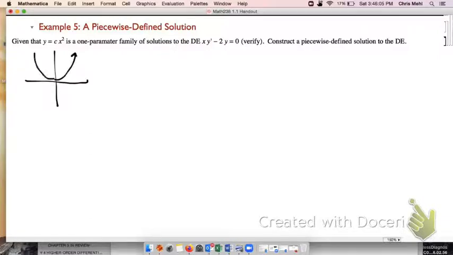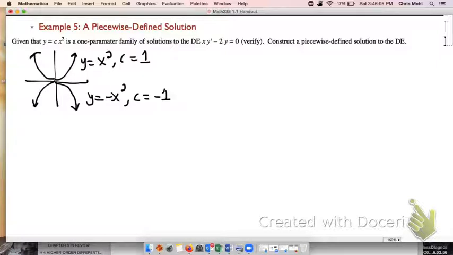You have y equals x squared when I chose c to equal 1, and then y equals negative x squared, when c equals -1. Those are two different particular solutions, by choosing different values of c.